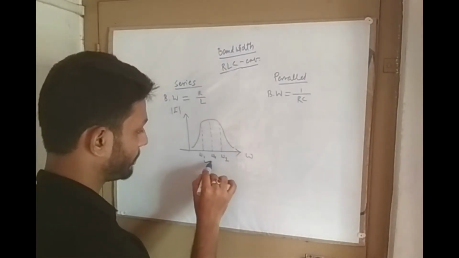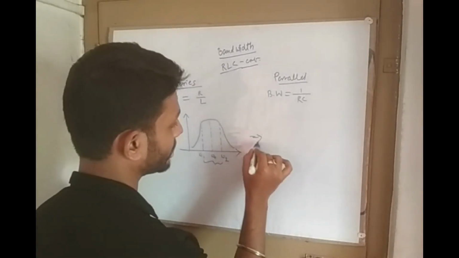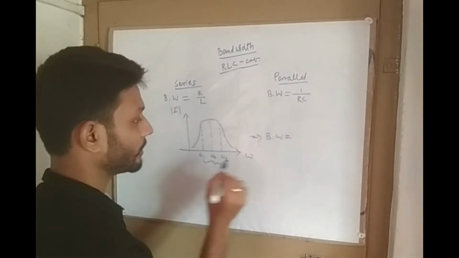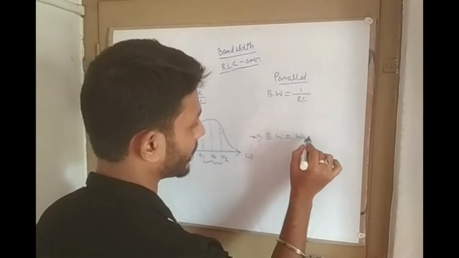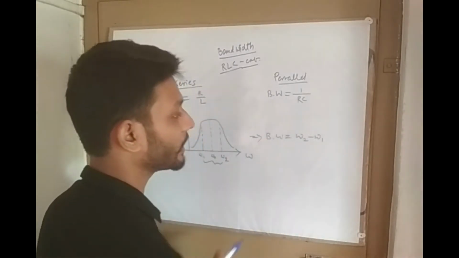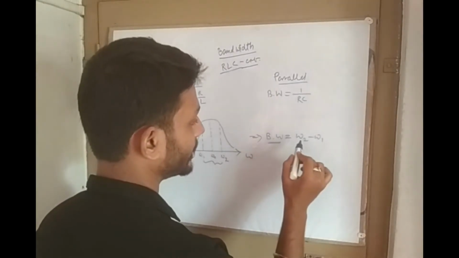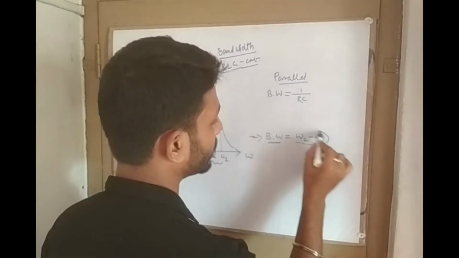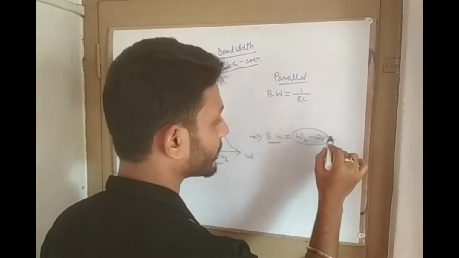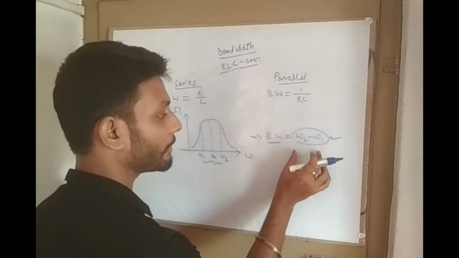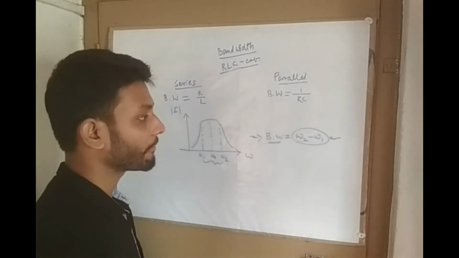Here the bandwidth will be omega 2, the higher frequency minus the lower one, omega 2 minus omega 1. So the bandwidth is nothing but the value in terms of omega 2 minus omega 1, the ultimate value will be in terms of omega.